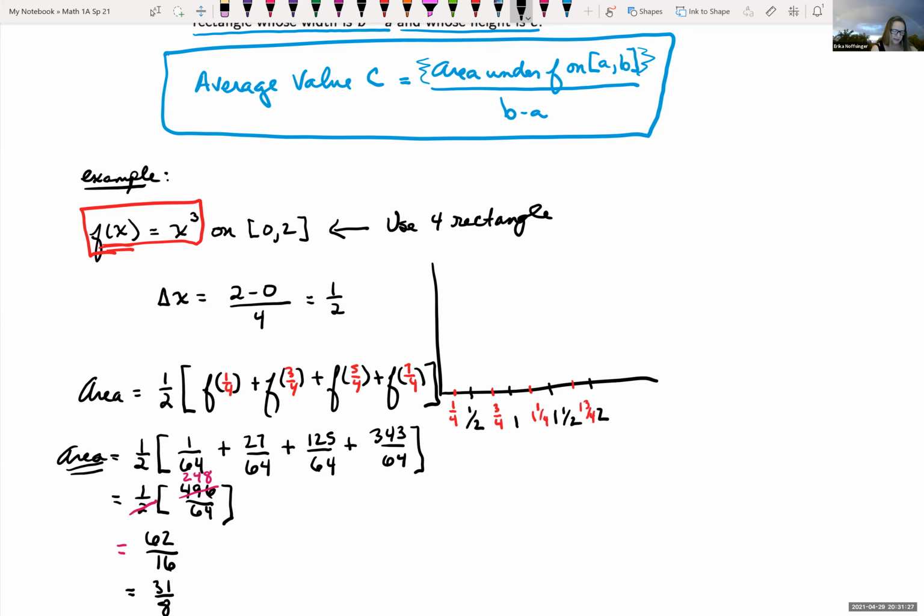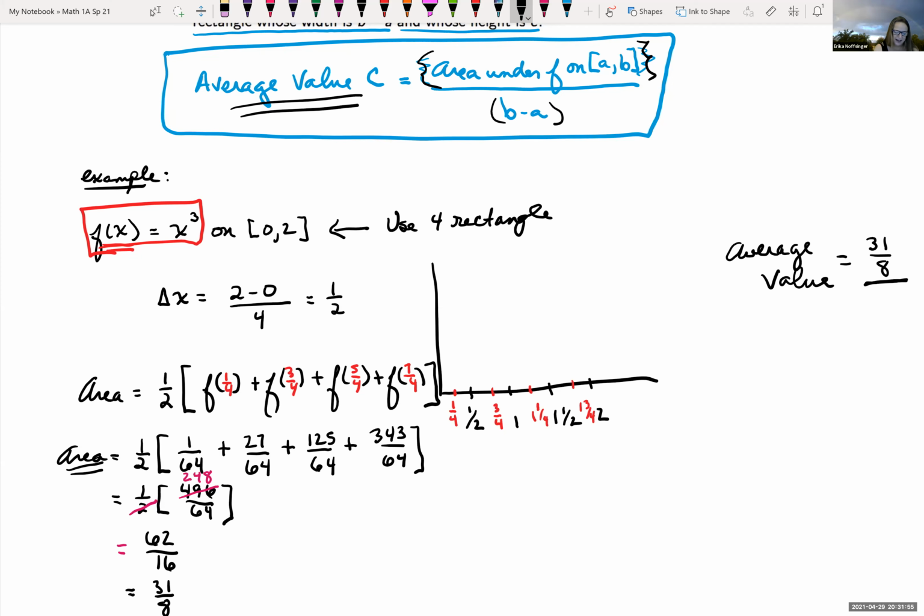But the question asked us to find the average value. And the average value is going to equal the area on the bound, which we just found, 31/8, divided by b minus a.